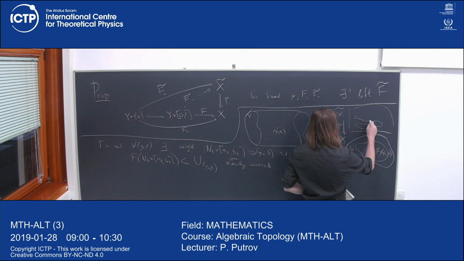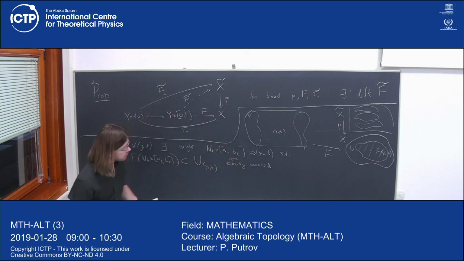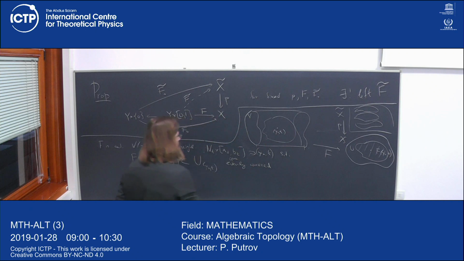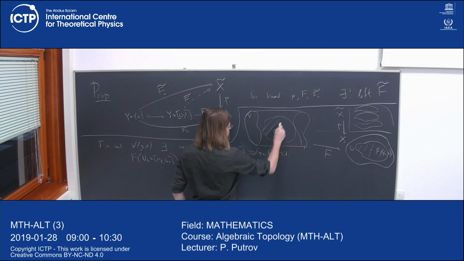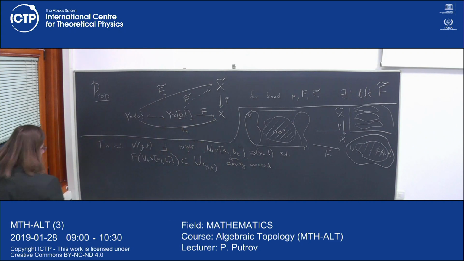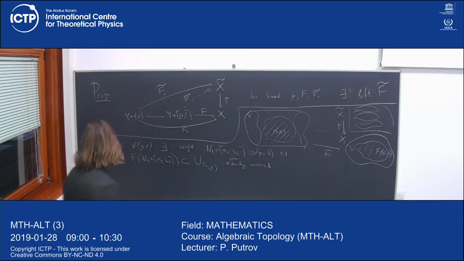So its preimage is a disjoint union of homeomorphic subspaces, and so we can consider this image, which by continuity of my function would be a neighborhood of this point.